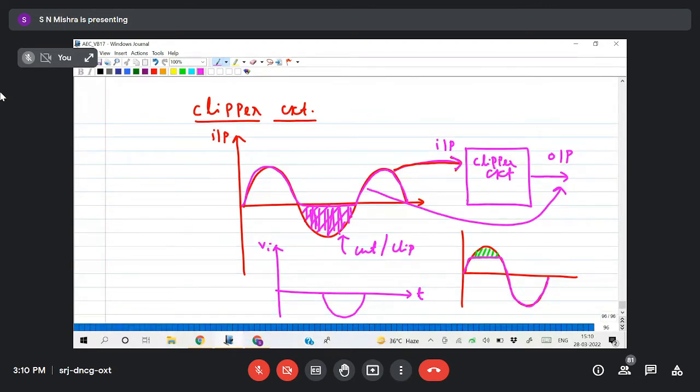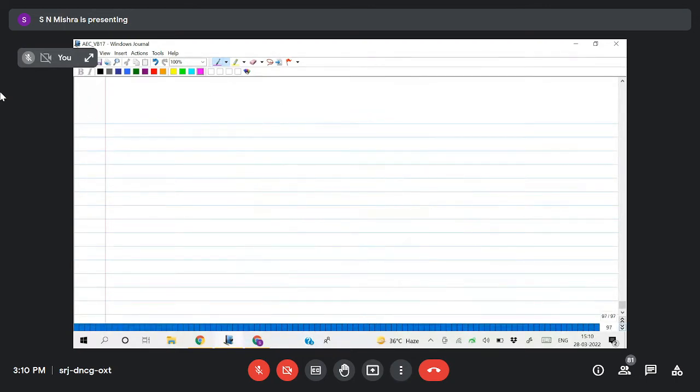Now see what different types of clippers are present, and one by one we'll see. If you classify the clippers depending upon which portion is clipping, we will find two types of clipper.